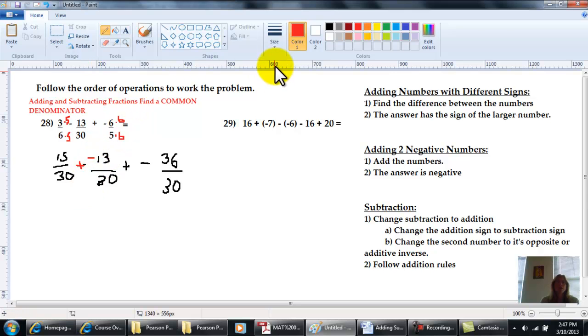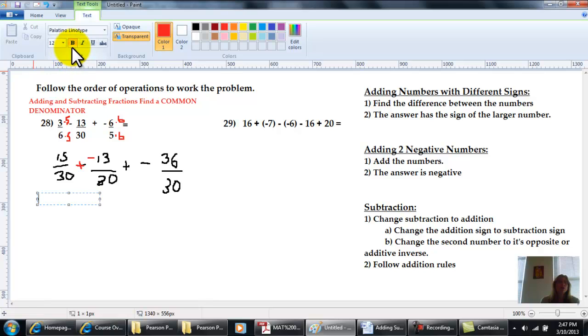We are simply thinking for a moment in our heads that we are going to find the difference between 15 and 13, which equals 2. Okay, so then we have our next step that we have to apply, which is we decide what sign to put on that number 2.